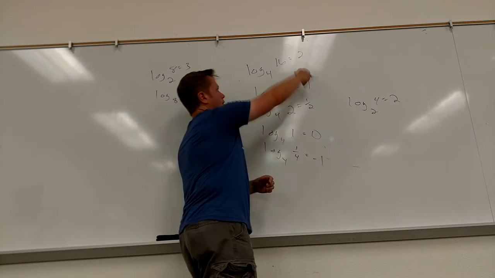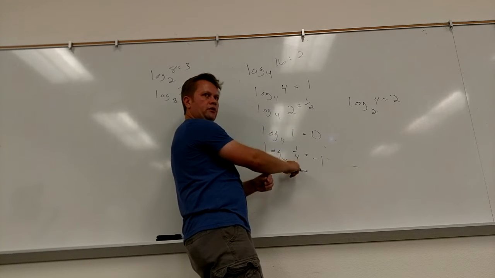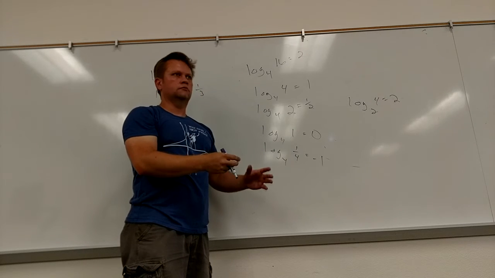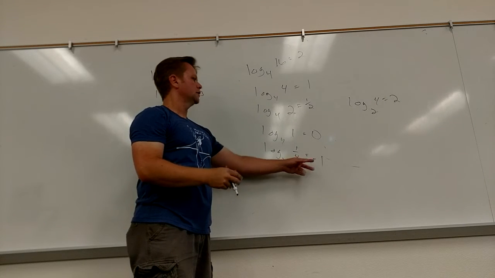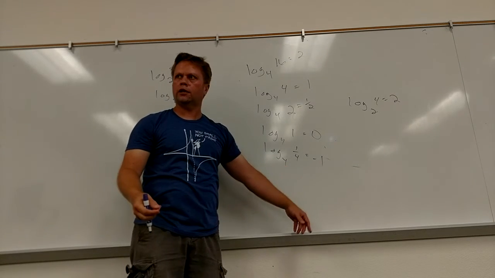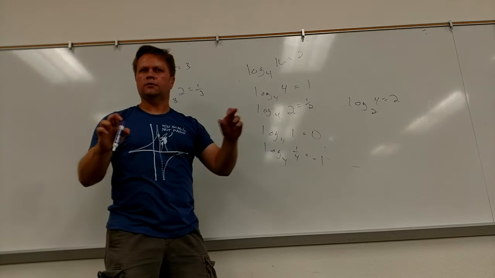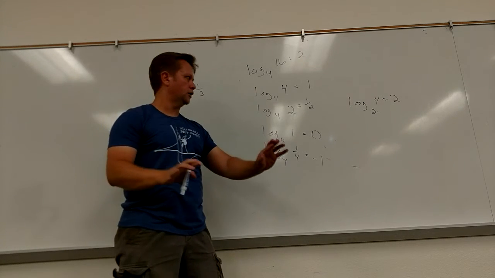Yes. Do you see how the progression is going? It's got to be less than 0 because I put a number in there that's less than 1. And if I keep making this smaller, the output's going to be smaller and smaller and smaller. I like to show you this progression. Hopefully you got something out of that.